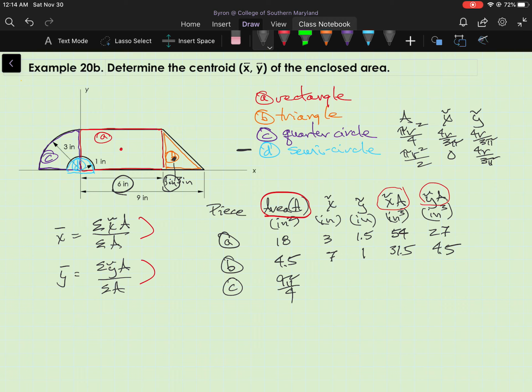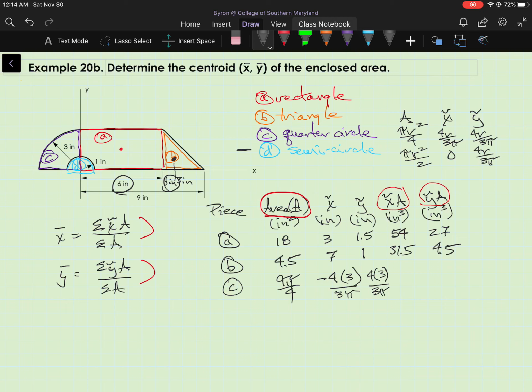Okay, so it's going to be minus 4r over 3 pi. And I'm just going to write it like this. And again, I'm going to just do the calculations all at one time. So it's minus 4 times 3 over 3 pi. Y tilde, that's going to be positive 4r over 3 pi, which is 4 times 3 over 3 pi.